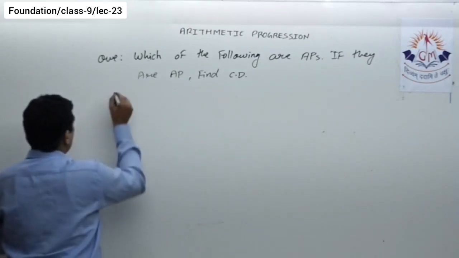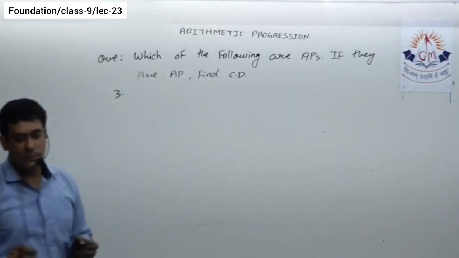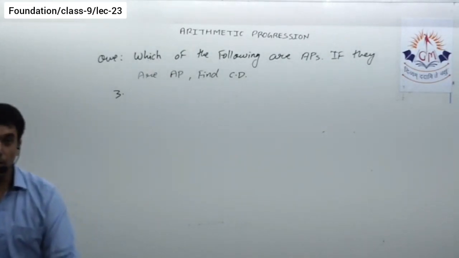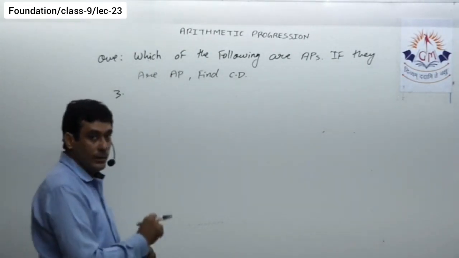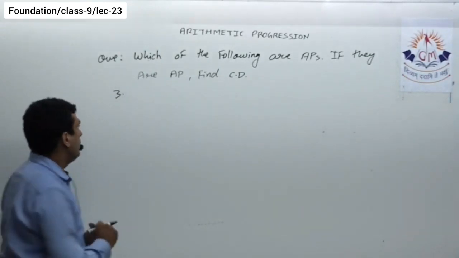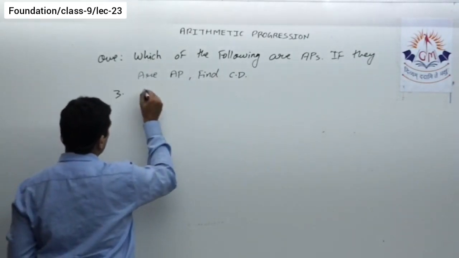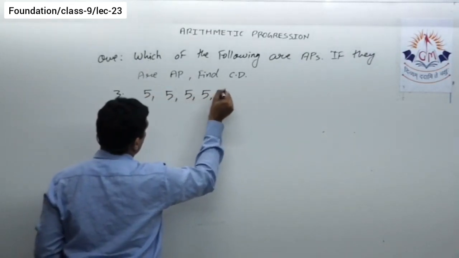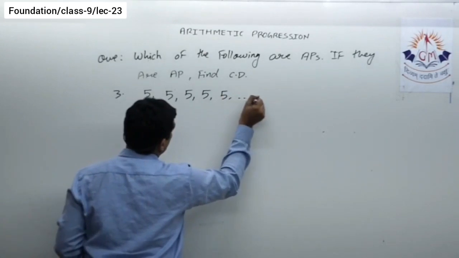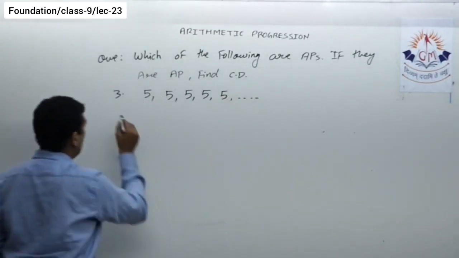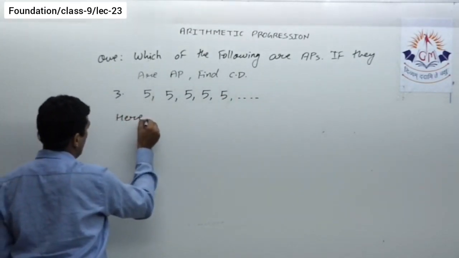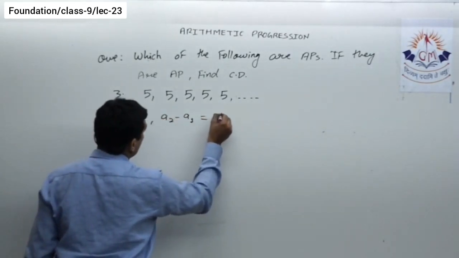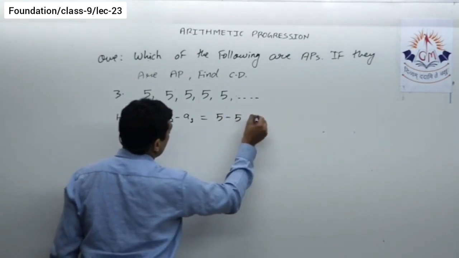Okay, now for the third one I am taking such an example which definitely gives the solution of the given question, as well as the one question that I asked in the same lecture. Okay, so here it is 5, 5, 5, 5, 5. So here A2 minus A1 is 5 minus 5, that is 0.